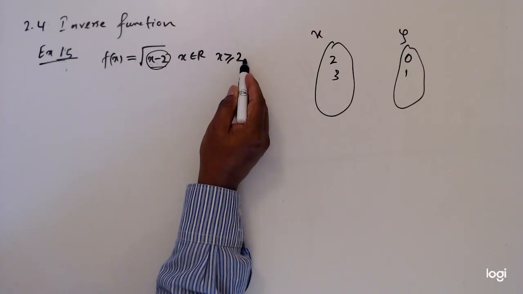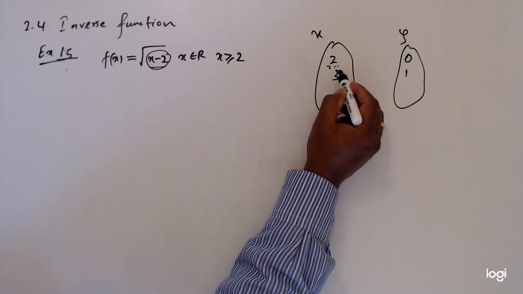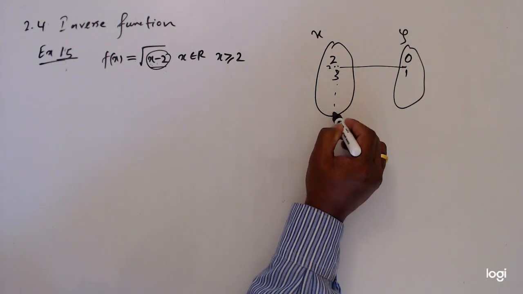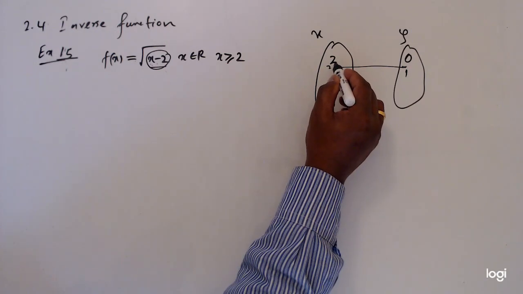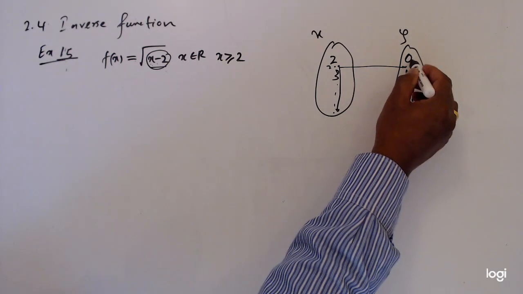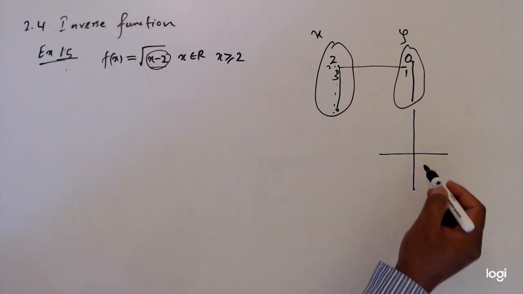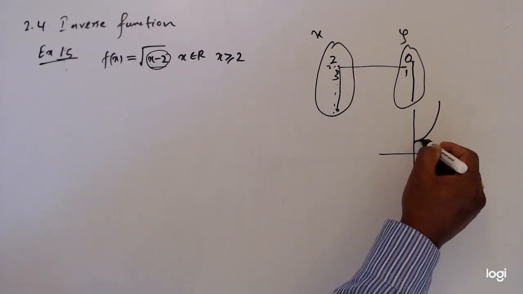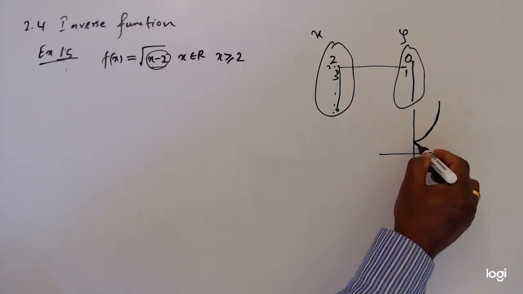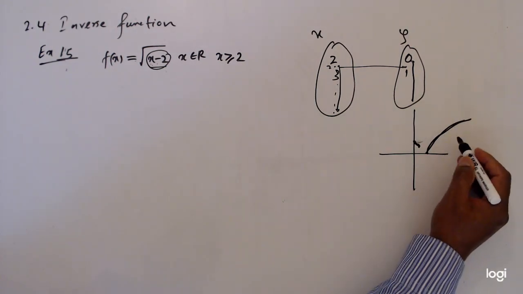If you put 4 or any value, 2.1 and any value in between, you will get decimal values, and likewise you can put any values greater than 2, then you will get all the values greater than 0. The graph is something like this.